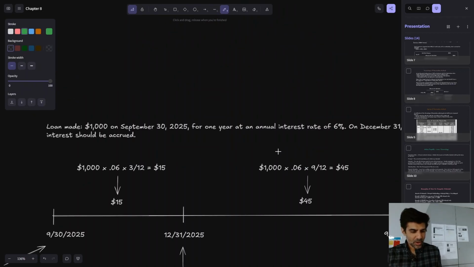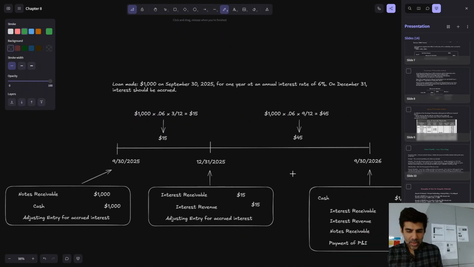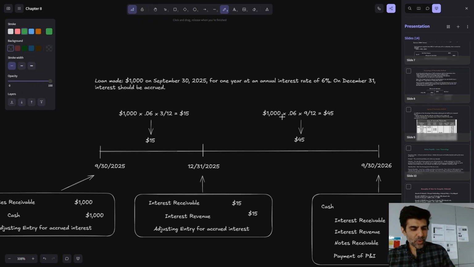I think we've seen some of this already when we were doing chapter 3 with the accrual of interest. But just to review, in this situation, we made a loan of $1,000 on September 30th, so it's the end of the month. It's a 1-year loan.